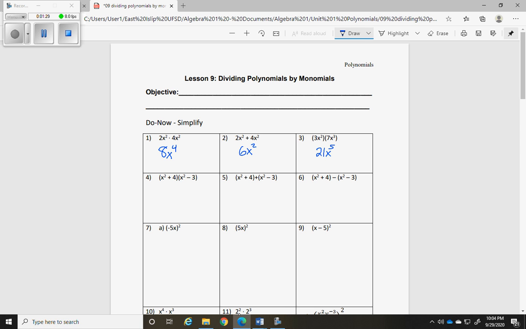Number 4, you could do the box method, or you could do all of that distributing. It is multiplication. So it turns out to get you, let's see, I'll do a box for you. This is x squared and a positive 4, x squared and a negative 3.